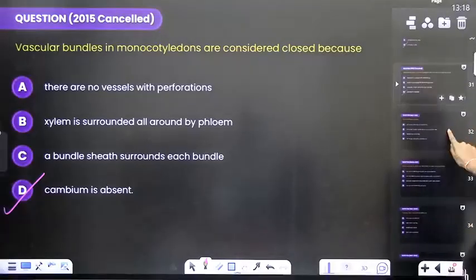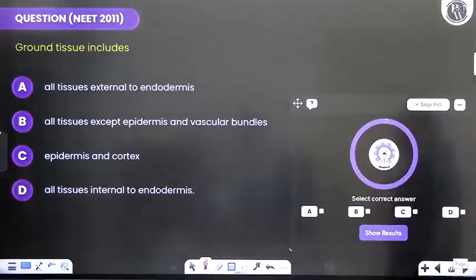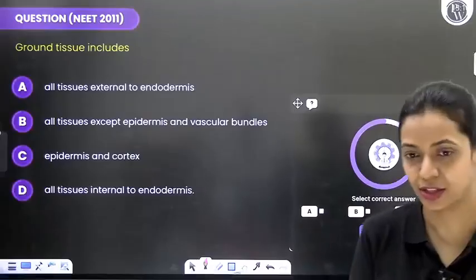Next question from NEET 2011. Ground tissue includes, what does it include? This should take you like 10 seconds to answer.